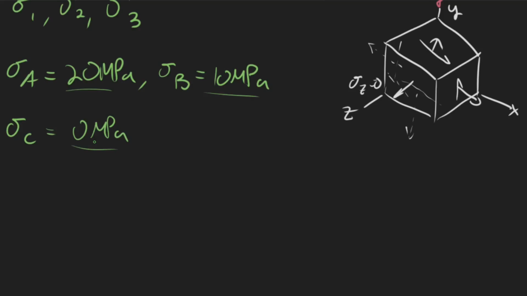But if sigma B was a negative 10, then sigma 1 would be 20, sigma 2 would be 0, and sigma 3 would be negative 10. And even though I'm assuming that there's no out-of-plane normal or shear stress, I could still rotate the element in those dimensions to see what would happen.